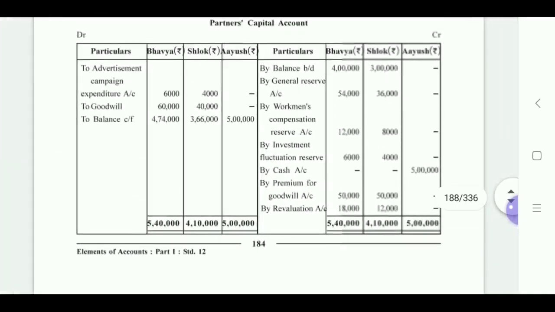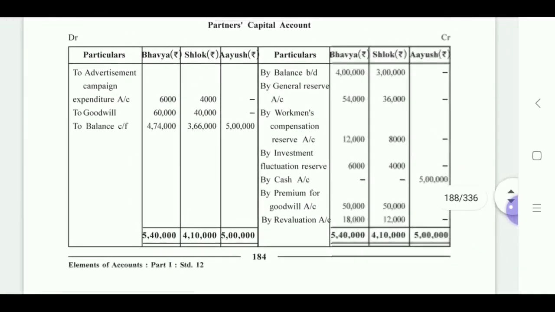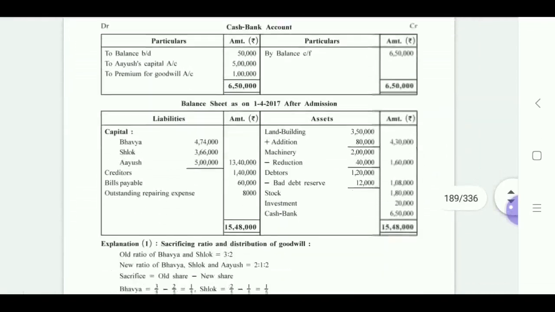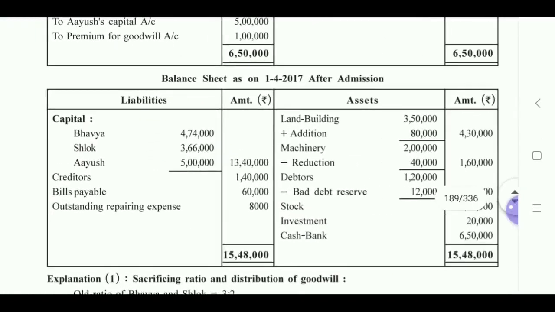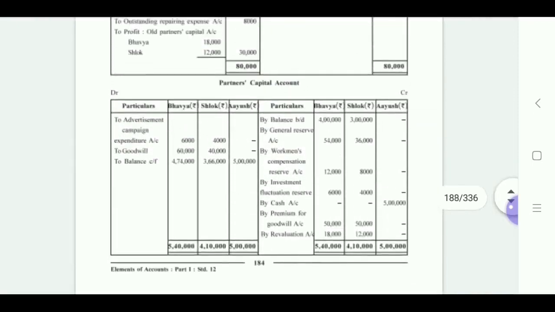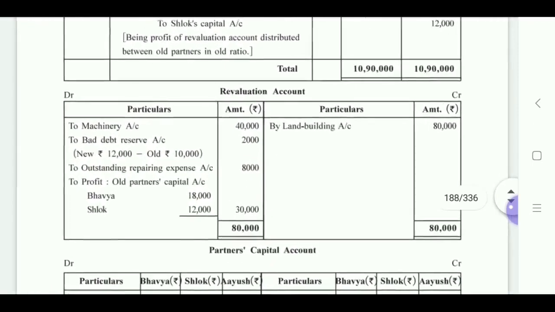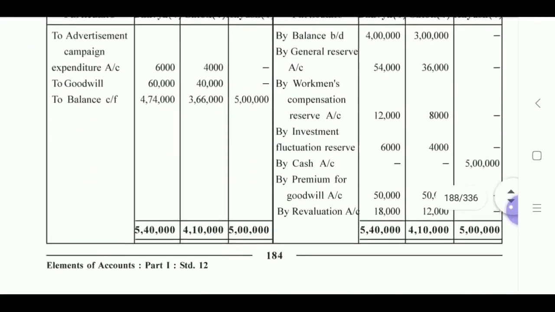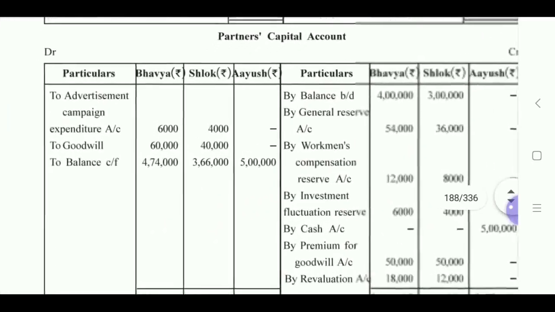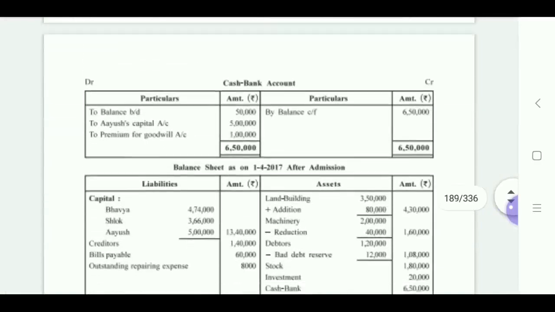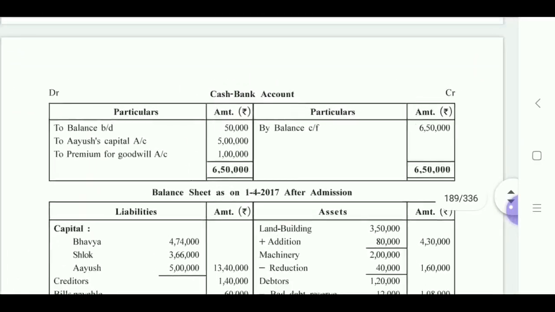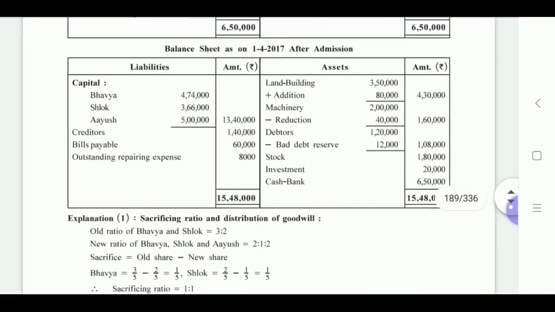Here the answer is on debit side, and it is transferred on credit side in balance sheet. We can also see in revaluation account, the answer is on debit side, it is transferred on credit side. Again, the answer here is debit, is transferred in balance sheet credit side. Here the answer is on credit side, is transferred in balance sheet debit side.